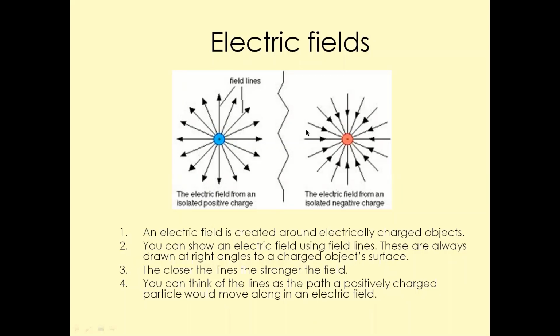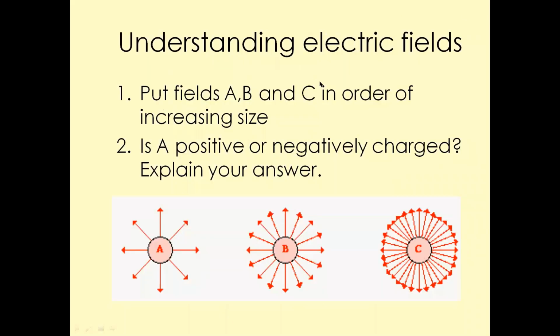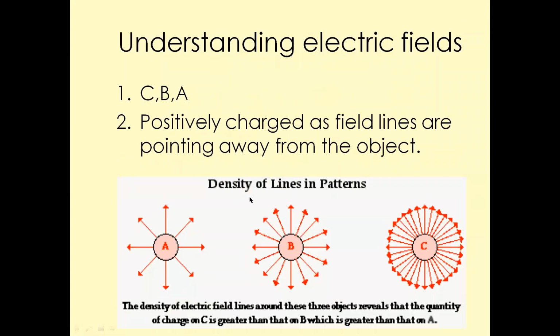Direction inwards means it's a negative charge. So C, B, A: C is going to be the strongest, and then B, and A is going to be the weakest. And the charge A is going to be positive because the field lines are pointing away from the object. The density of electric field lines, density means how close they are. So more lines means the electric field is going to be the strongest.